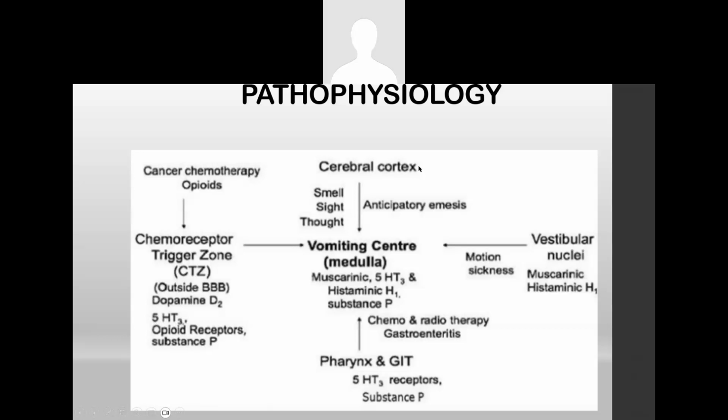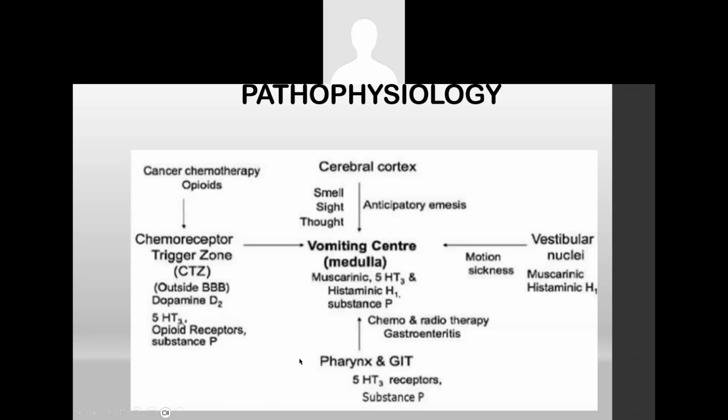While stimulation from the cerebral cortex stimulates the vomiting center in the middle, which also has 5-hydroxytryptamine and substance P receptors, but here we also have histamine and muscarinic receptors. Also, we have the pharynx and GIT, with 5-hydroxytryptamine and substance P. And also we have the vestibular nuclei, where we get muscarinic and histaminic receptors.